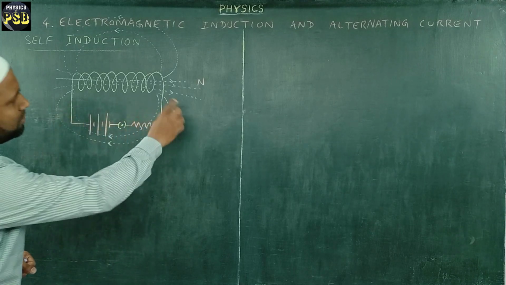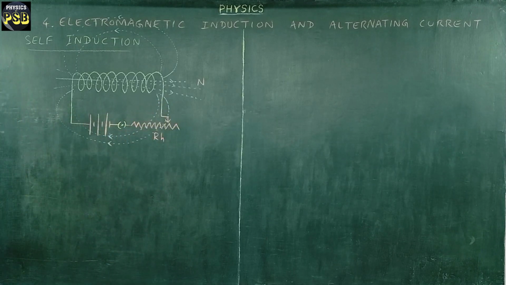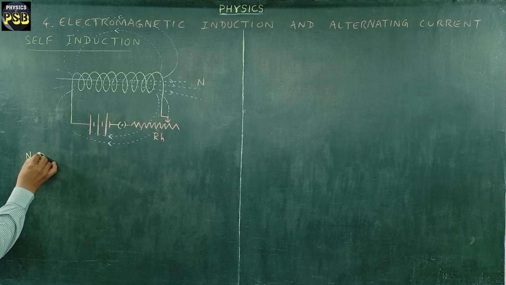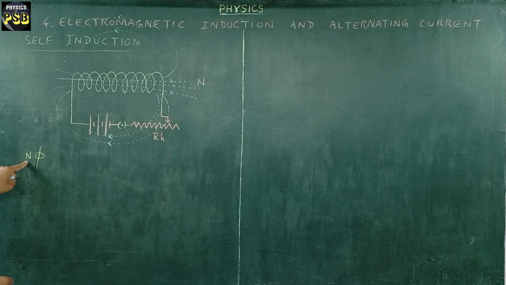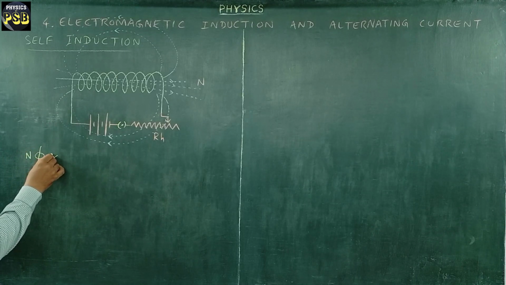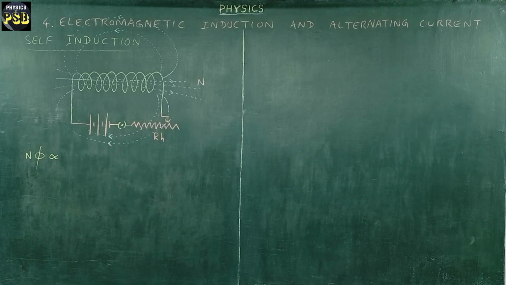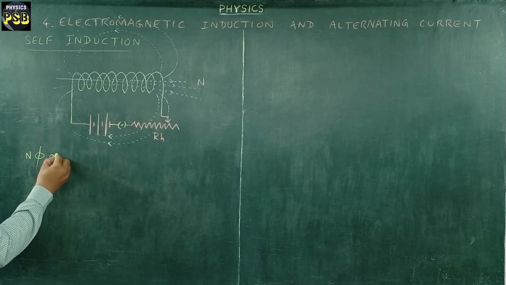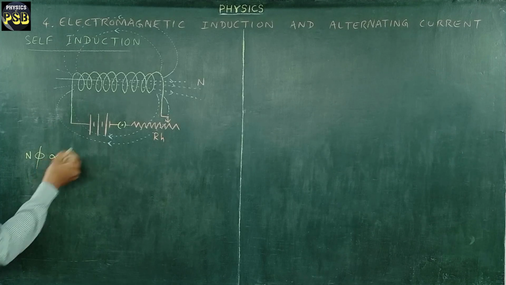If it consists of a number of turns, then the total magnetic flux linked with this coil is given by multiplying the magnetic flux phi with the total number of turns, N phi. So this provides the total magnetic flux linked with this coil due to the flow of a current through it. This magnetic flux linked with the coil is found to be directly proportional to the current flowing through the coil.